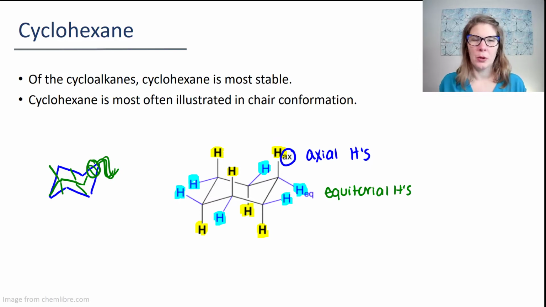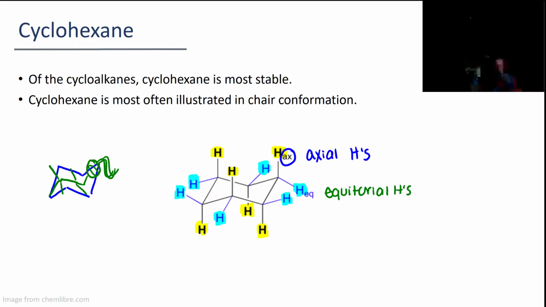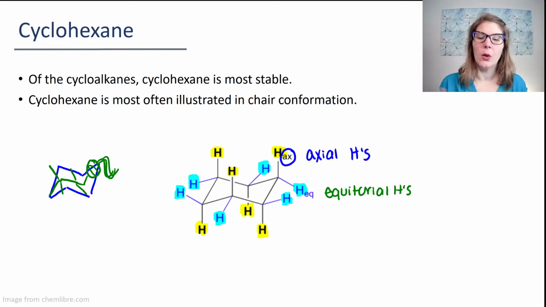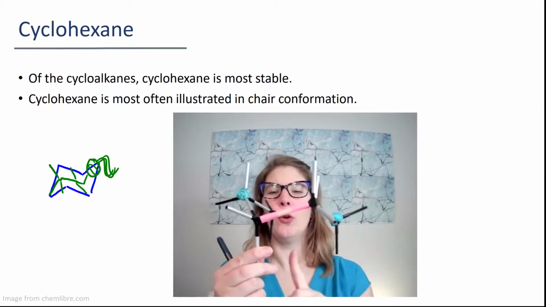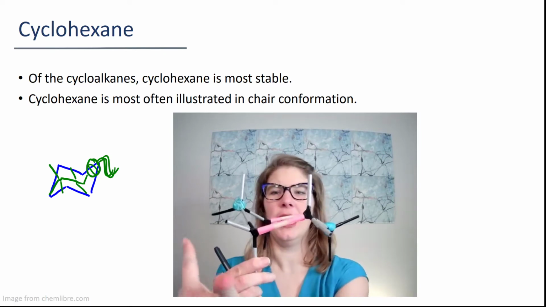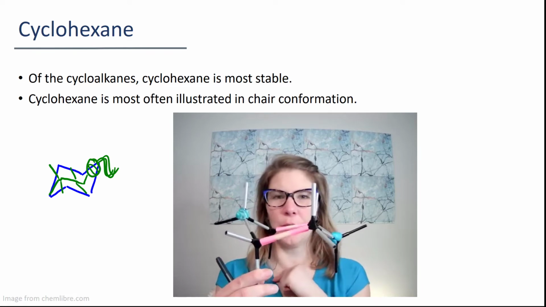When I think about equatorial hydrogens, I think about the equator. If I am picturing the Earth, the equator runs around the middle, while your equatorial hydrogens are also running around the middle. I'm going to show you your first chair conformation. Here's a chair conformation where I'm holding on to an axial hydrogen, and all of these protons around the middle are your equatorials.